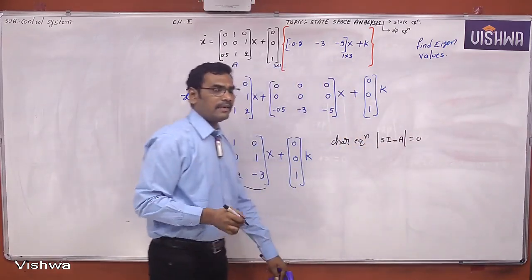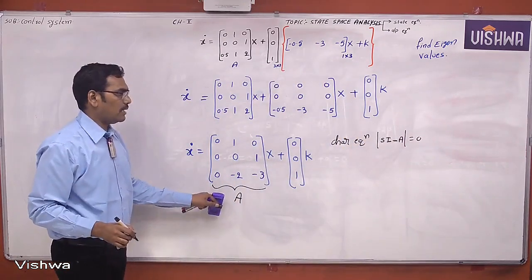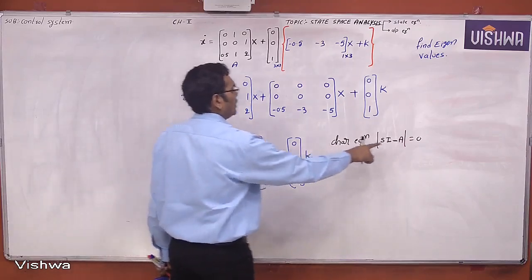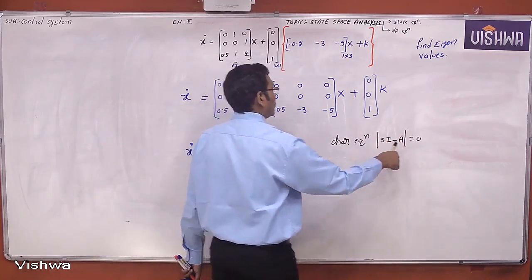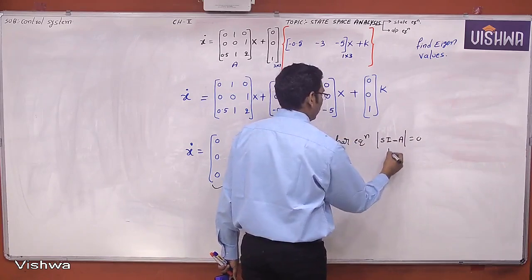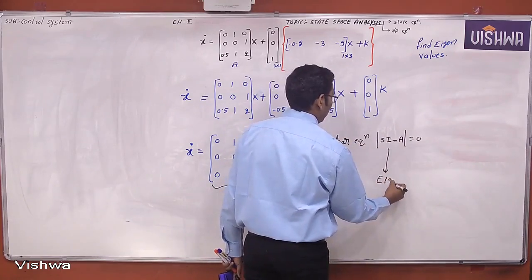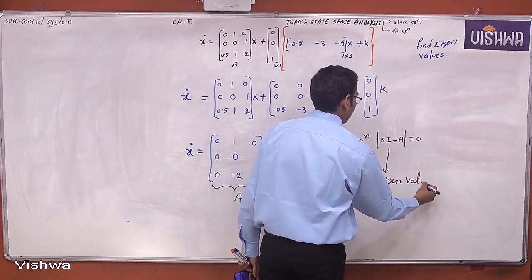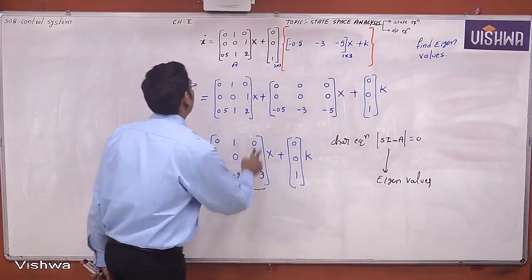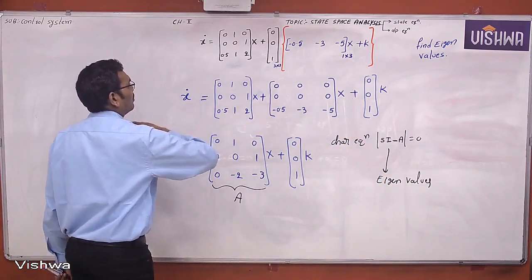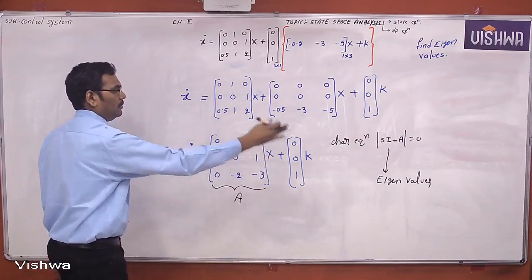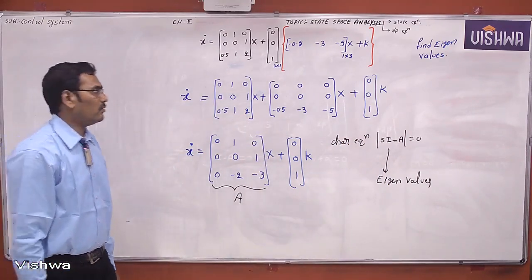The roots are nothing but the eigenvalues. From here you can get the eigenvalues. This is the A matrix, not the earlier one. Don't take that as A, it is wrong. Simplify that. Clear or not? Okay, no doubt.